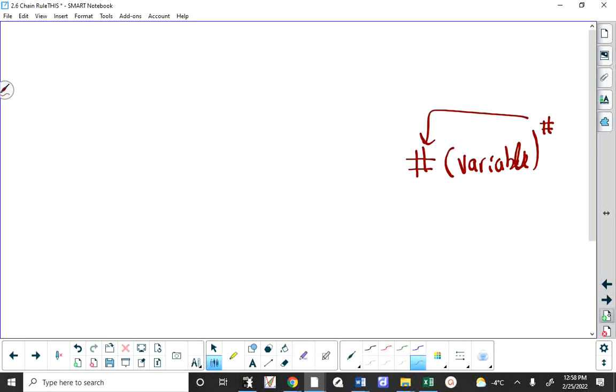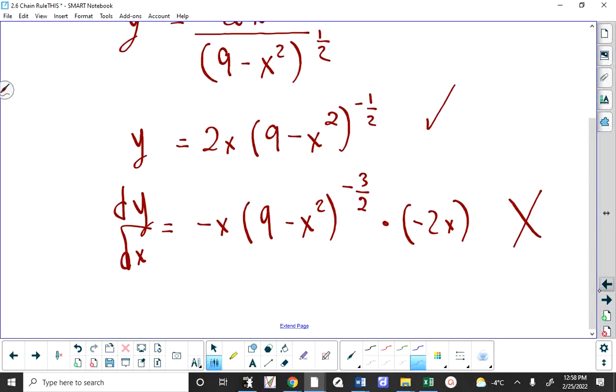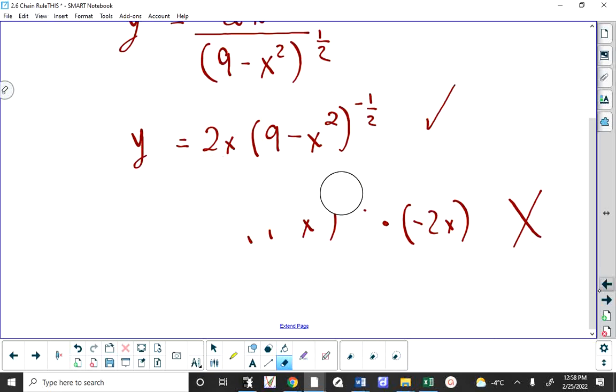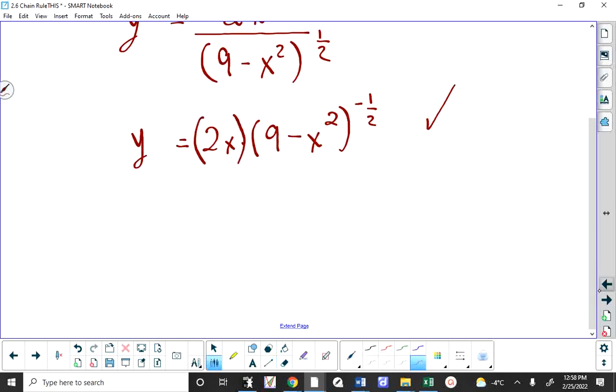But you can't do that in this case because the coefficient is variable. It's not a number. In other words, if you started down this path and wrote that, you would have to use the product rule, which in my mind defeats the purpose of bringing it up. Just use the quotient rule to begin with.